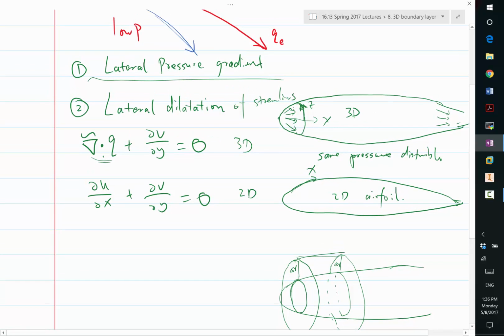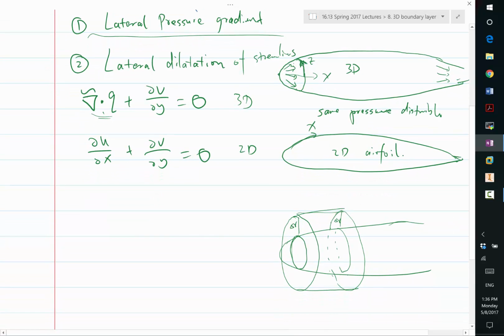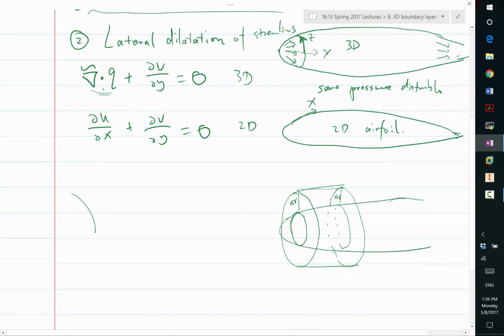But if we define the coordinates locally so that they are always orthonormal to each other, let me illustrate it more clearly. This is the surface, this is what the surface looks like, and this is the leading edge.